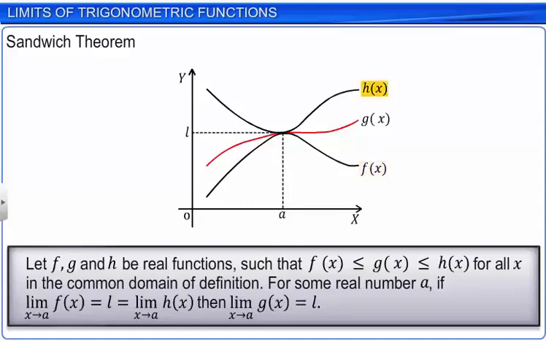The red curve represents the function g of x. At point A, the limit of the functions f of x, g of x, and h of x is supposed to be L.